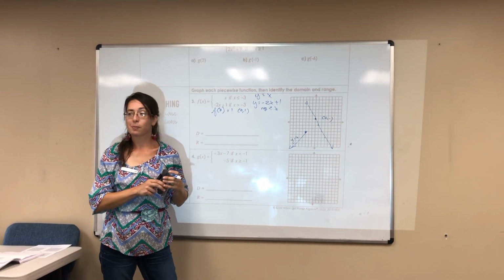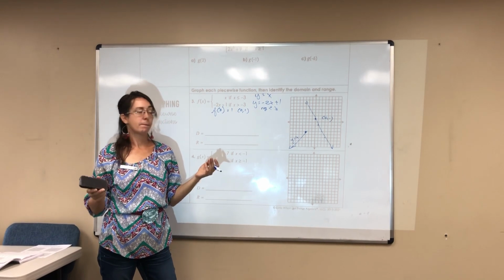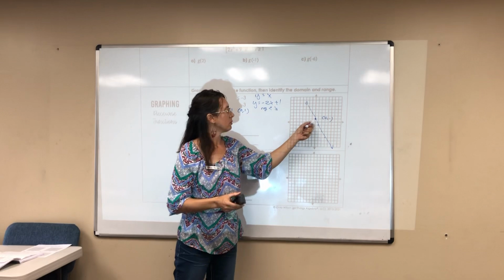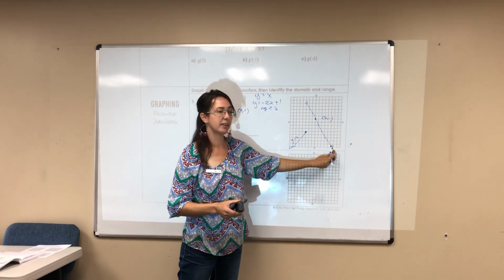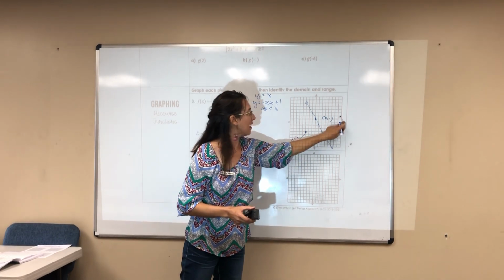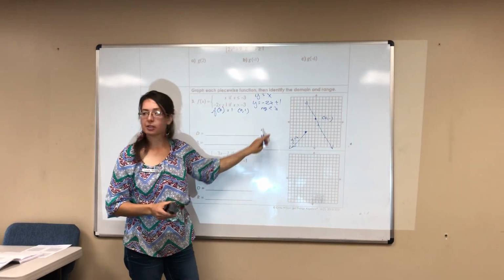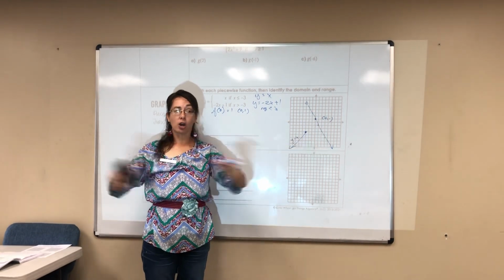If I put an x value here, can I find a place on the graph? Yeah. So anywhere I pick on the x-axis, am I going to be able to find a place on the graph? Yes. So our domain values are everything.